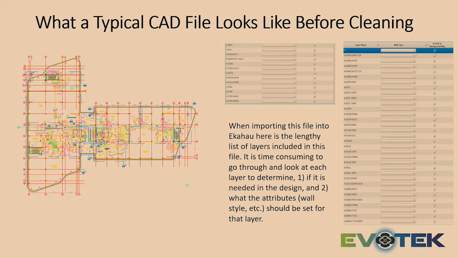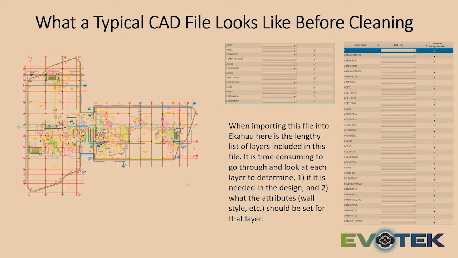When you take a file into Ekahau and you don't clean it, this is what it looks like. Now, Ekahau's got a nice feature with CAD files that you can go in and choose what layers you want to see, and then you can also assign a wall value to that layer.